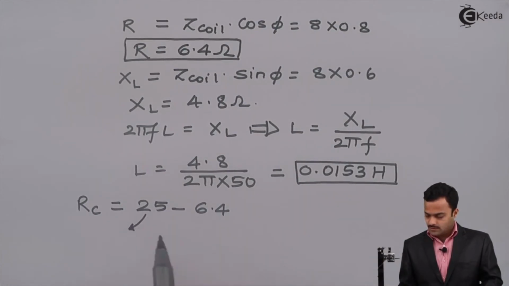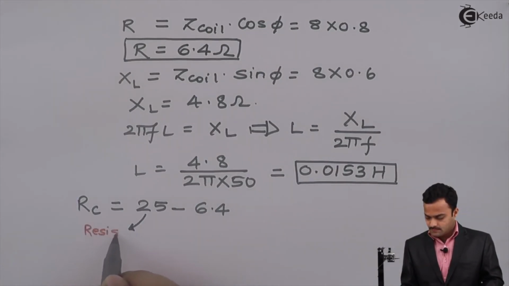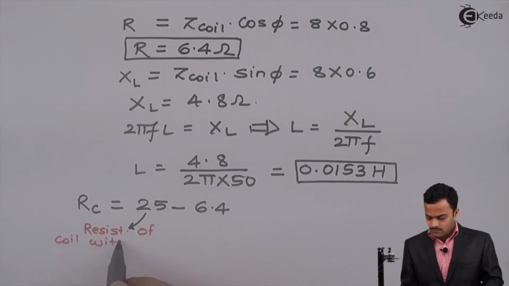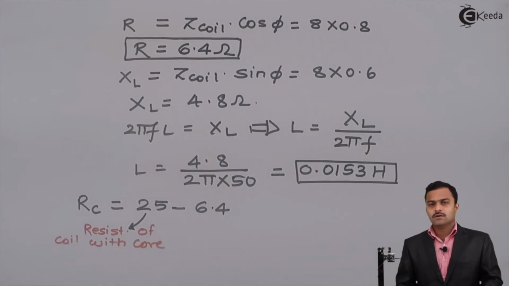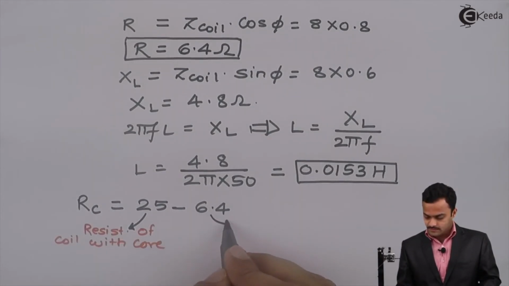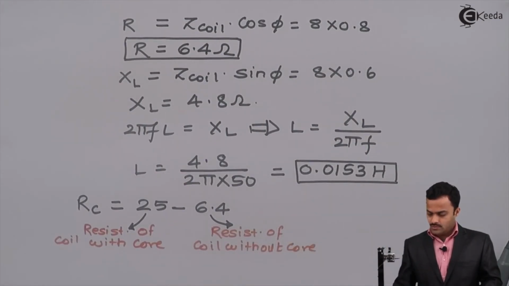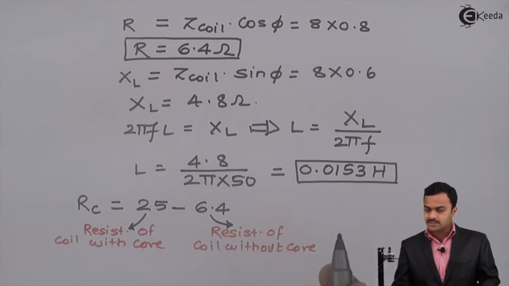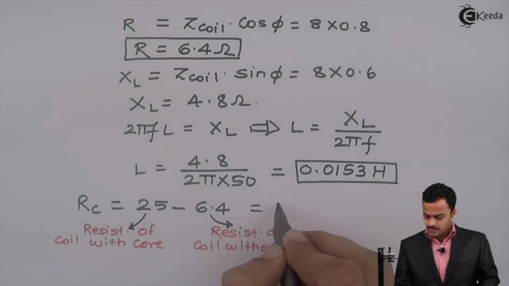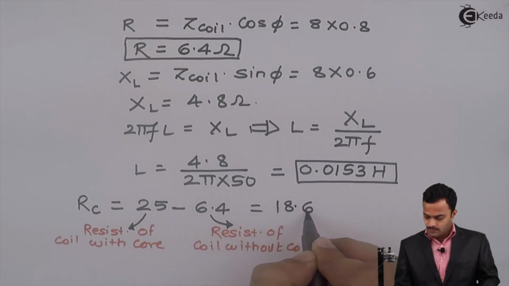This resistance that I have taken is the resistance of coil with core, whereas this resistance is resistance of coil without core. So if we solve, the resistance which is responsible for the loss is 18.6 ohm.